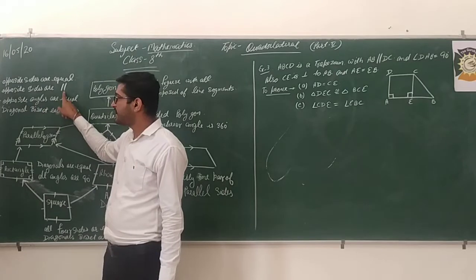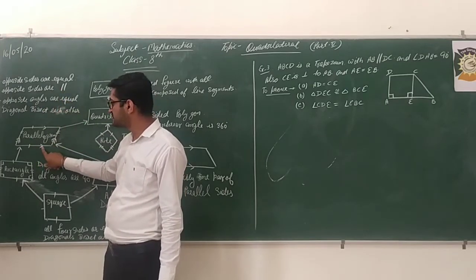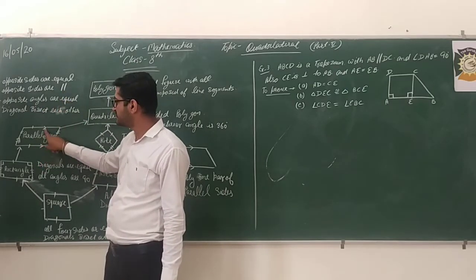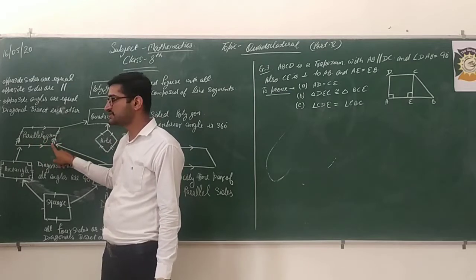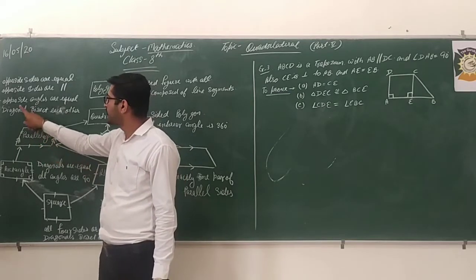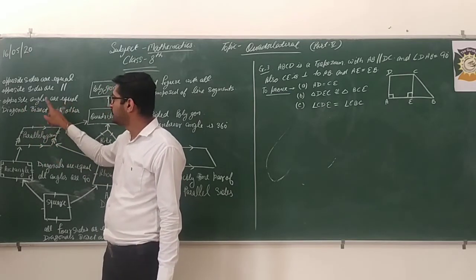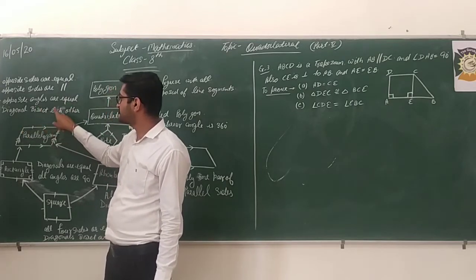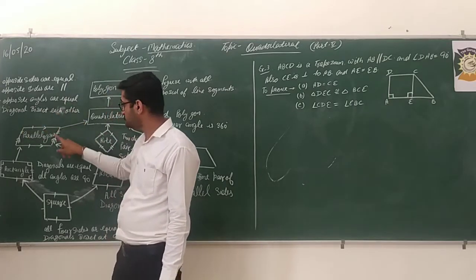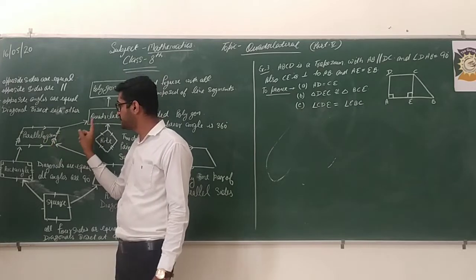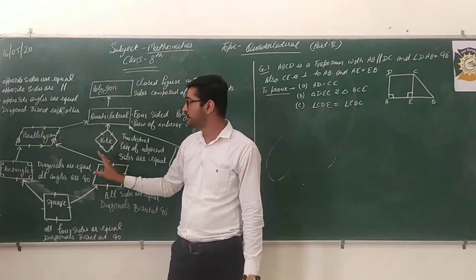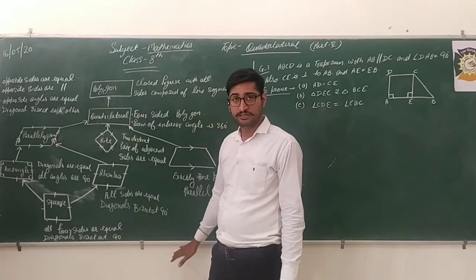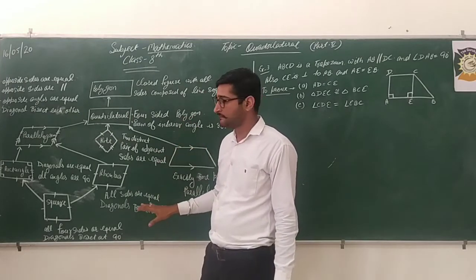Opposite sides are parallel. Now these signs indicate that the opposite sides are parallel. Opposite angles are equal and the diagonals bisect each other. Remember these arrows. These arrows will indicate everything. This is the whole chapter in one flow chart.